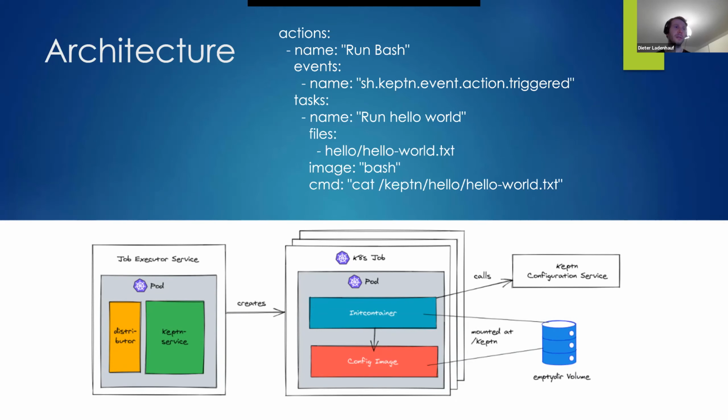And this volume is simply an empty directory, mounted in the path /keptn. And with that, you have defined your own workload you want to run with Keptn, with just a few simple lines of configuration. You didn't have to write any code.